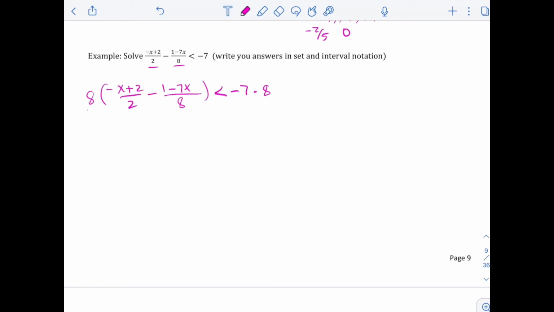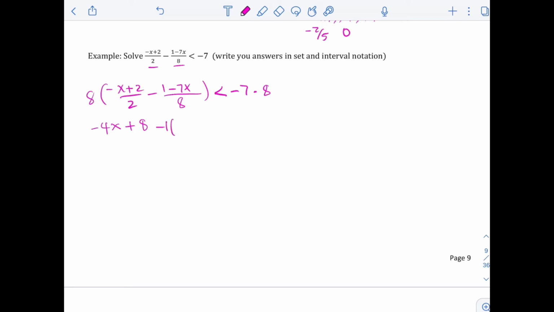Then 8 divided by 2 is 4. And then the 4, we multiply with the numerator -x plus 2. So that's -4x plus 8. And then minus 8 divided by 8 is 1.